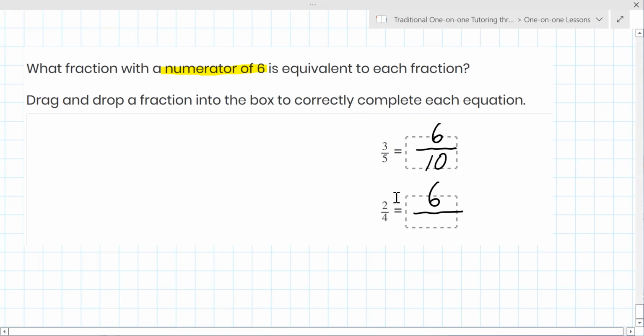Okay, and then how about down here on this second one? How do you go from 2 to 6? 3. Okay, so what number goes in the bottom? 3. I mean, no. You multiply by 3.